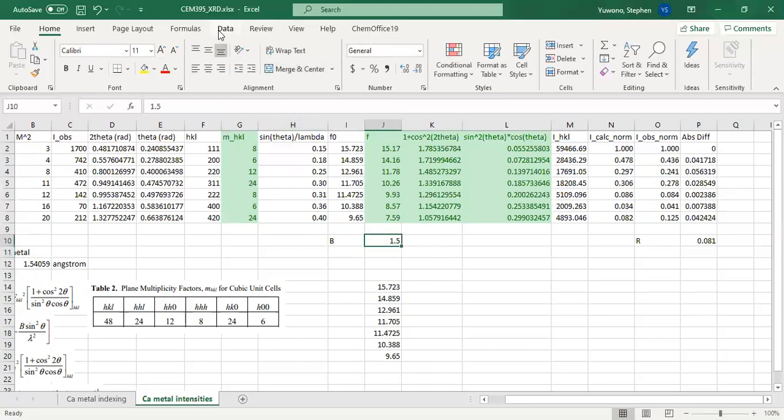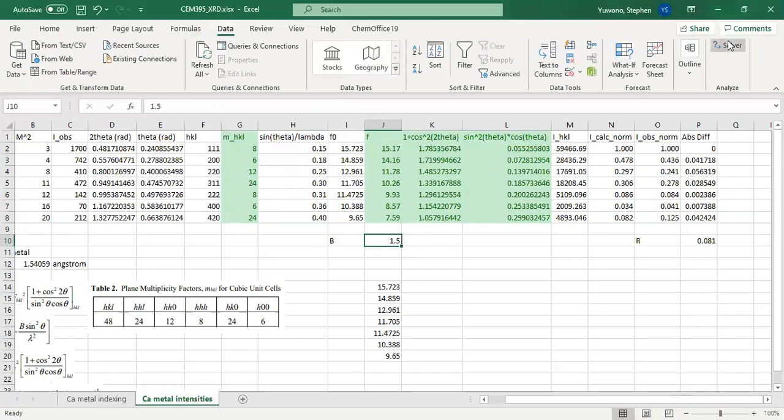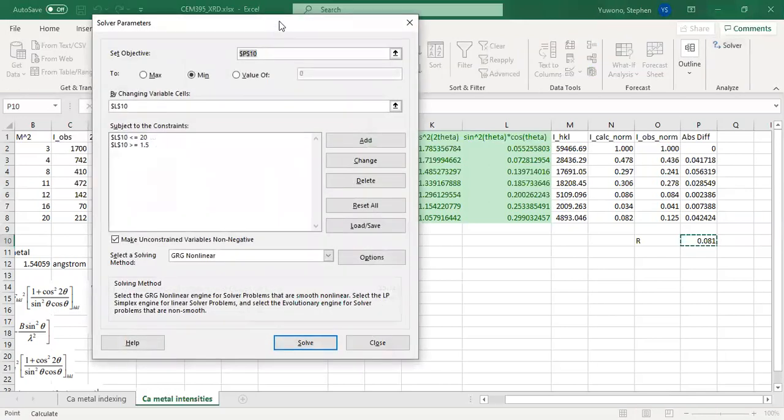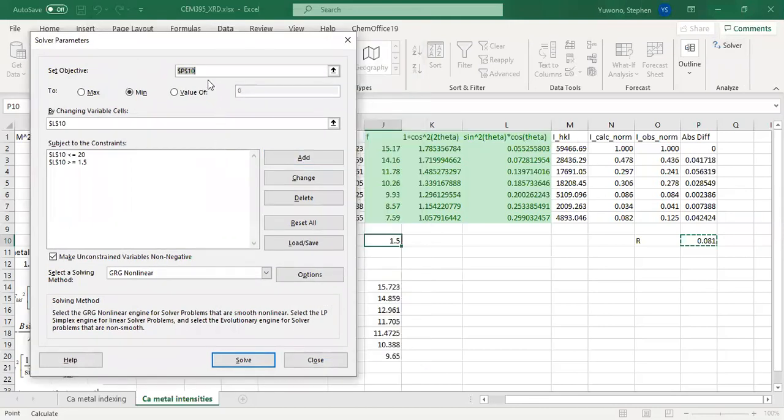So now we need to go to Data and to Solver. And now this dialog box will pop up, and I've already set it up, but let's go through it one by one. So first here, when it says Set Objective, that's the cell that we want to minimize or maximize or whatever. In this case, this should be our R value, and we want to minimize it.